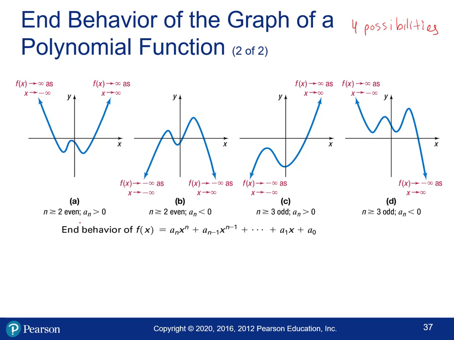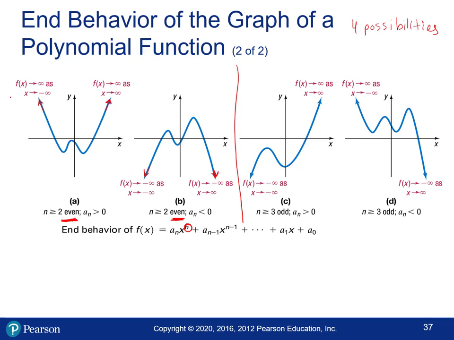So we have even degrees. If the degree of your polynomial, let me kind of split this in half here, is even, okay, so you have 2 or 4 or 6 or 8 or something right here for the highest power on x, then your graph is either going to go up left and up right as x goes to negative and positive infinity, or it's going to go down left and down right.